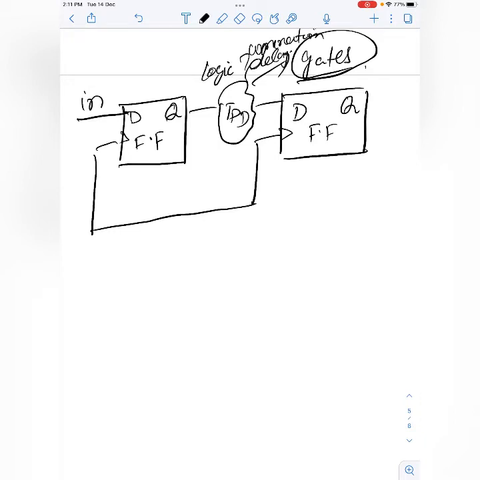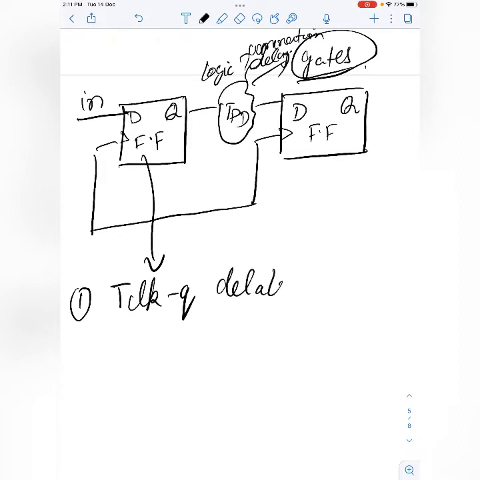Now see, this flip-flop has one T clock to Q delay. It may take some time in processing from D to Q, right?